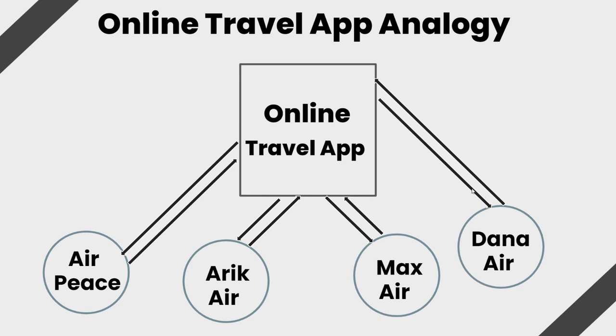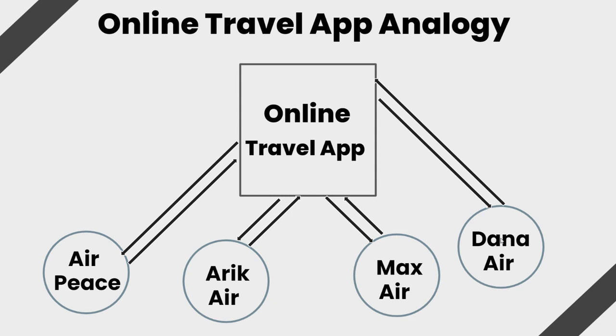So for this online travel app, it might be created for a particular user to be able to know which airline is going to a particular location. Probably you don't want to go with Airpeace, you want to go with Arik Air, or Max Air, or Dana Air, or any other airline out there.